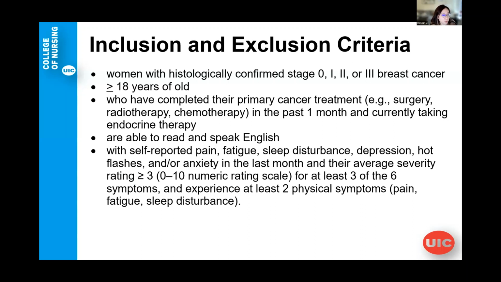Participants should report pain, fatigue, sleep disturbance, depression, joint pain, hot flashes, or anxiety in the past months, with an average score higher than 3. They should experience at least 3 out of the 6 symptoms, and 2 of them should be physical symptoms like pain, fatigue, or sleep disturbance.